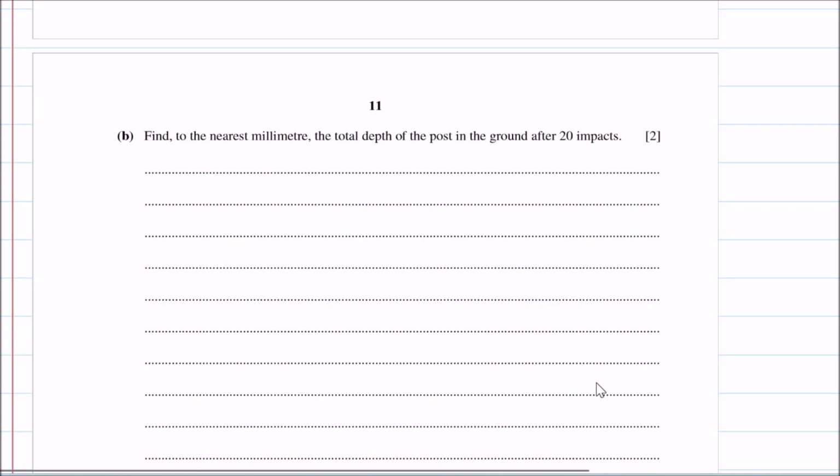Now it says find to the nearest millimeter the total depth of the post in the ground after 20 impacts. So total depth means you have to find the sum to n terms. Here it says 20 impacts, that means sum to 20 terms of a GP. So we'll apply the sum to n terms formula.